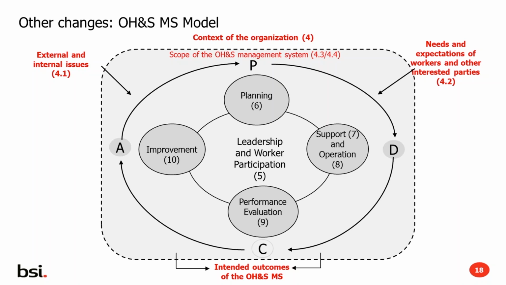And then within the scope, you establish specific elements of PDCA: plan, do, check, and act. But what's governing that is your leadership and workers' participation. So you cannot have a running system without establishing the foundation, which is leadership and workers' participation. And from doing that, you achieve the intended outcomes of the occupational health and safety management system.